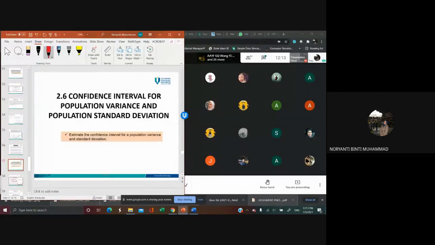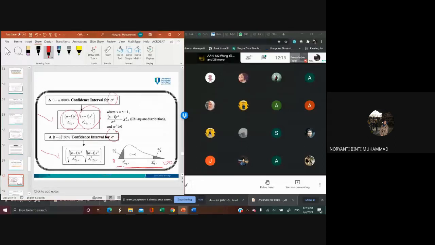I mentioned that to you last class. In this case, this is your parameter. The estimation point for this one is actually S square because it's a sample. This is for the parameter. So this one will be S. That is for one population variance and one population standard deviation.